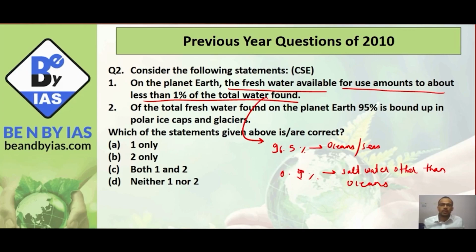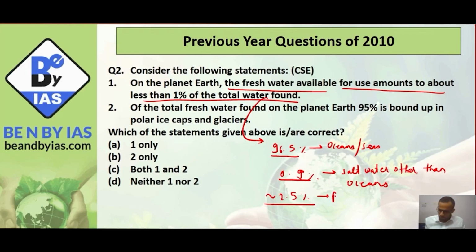That means they have NaCl, which is more than 35 ppt. Fine. So that water is 0.9%, and water in the oceans and sea is 96.5%, and thus the remaining amount, which comes approximately to 2.5%, is the water that is available for use.